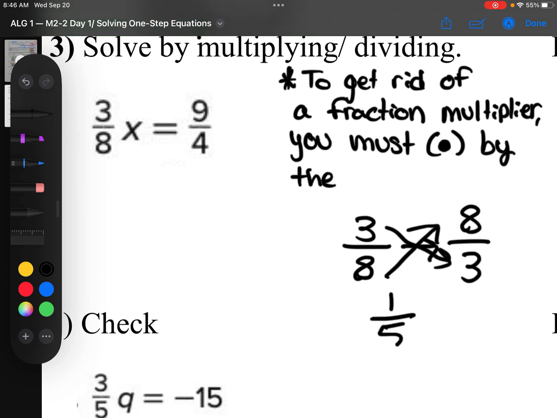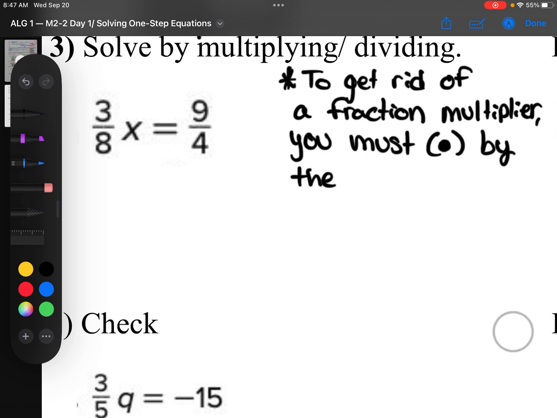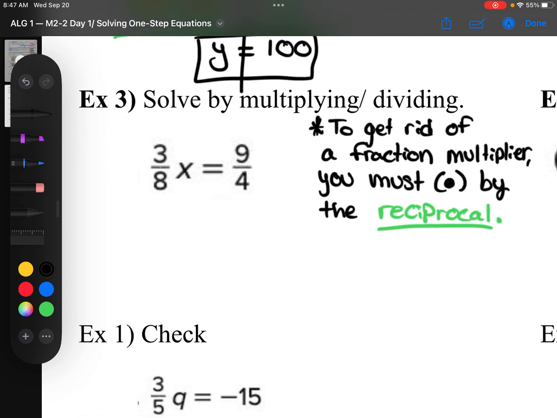If I told you I had a fraction of 1/5, the reciprocal would be 5/1. Okay? So that's what a reciprocal is. So I want you to write this word with me. You got to multiply by the reciprocal.